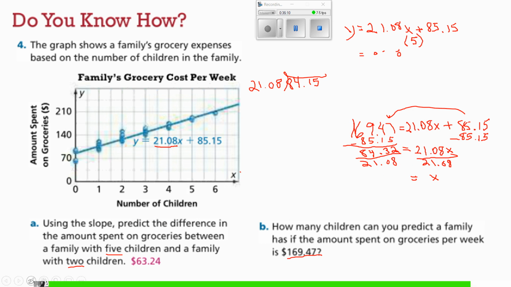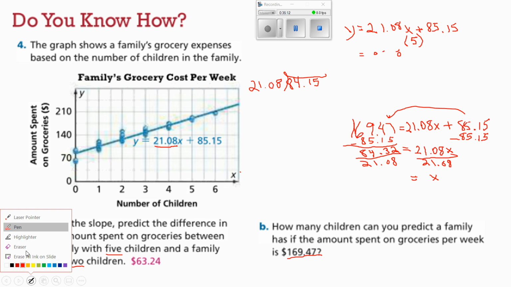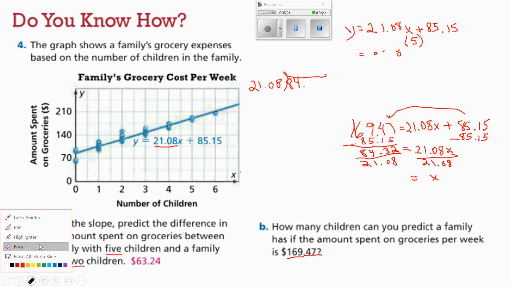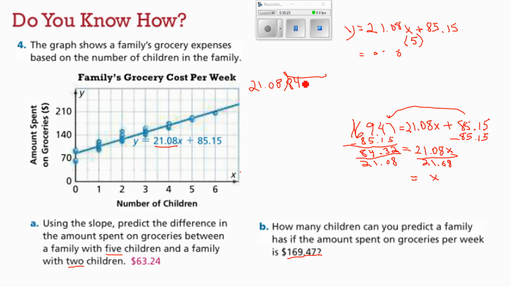I put the wrong number down. It should have been 8432 divided by 2108. I don't know why I put that one over there. And now it makes more sense.